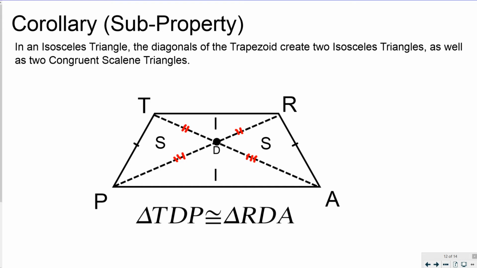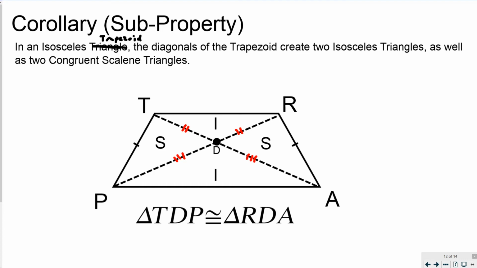Okay, one of the things that I didn't explicitly mention, but is still true, is that in an isosceles, not triangle, trapezoid, excuse me, this should be a trapezoid. That is a typo. So in an isosceles trapezoid, the diagonals of the trapezoid create two isosceles triangles and two congruent scalene triangles.